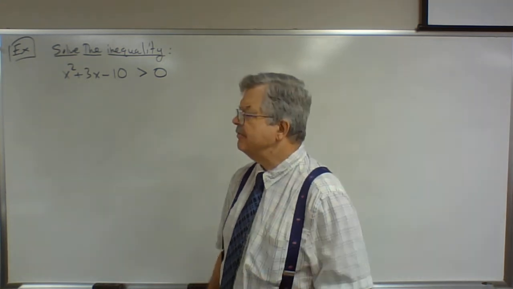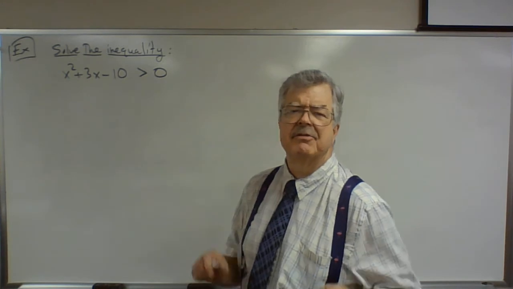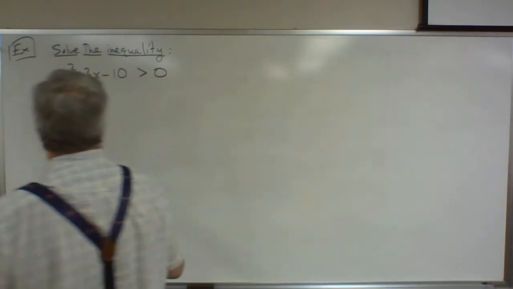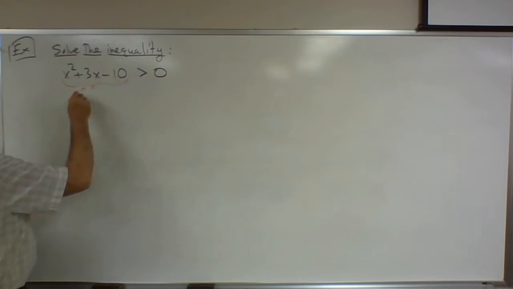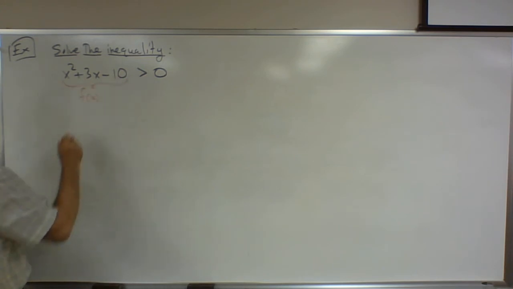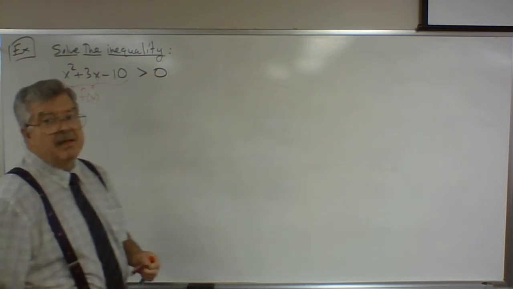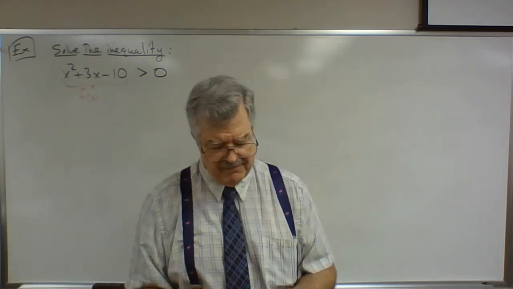And here's the way our authors in our text want us to do this. They want us to say, see this thing here? That's f of x. And we're going to graph f of x.